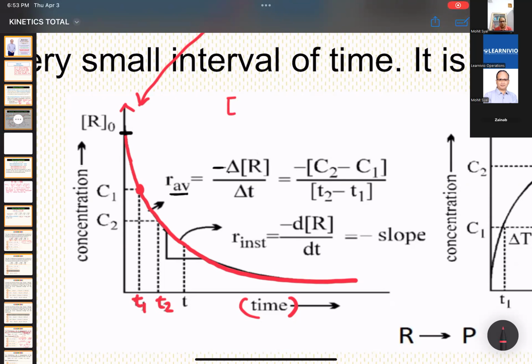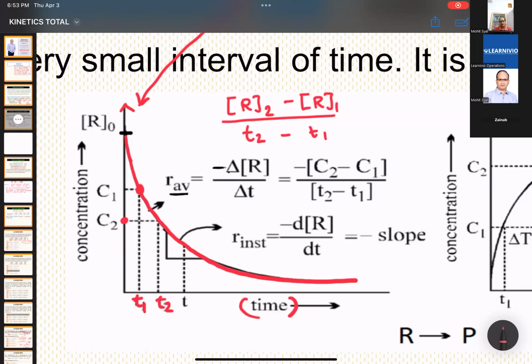Change in concentration is final concentration, at time t2, this is c2, minus initial concentration of R, upon t2 minus t1. They will give you the values, 10 minutes or 5 minutes.